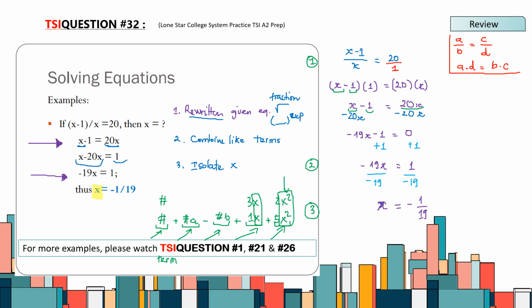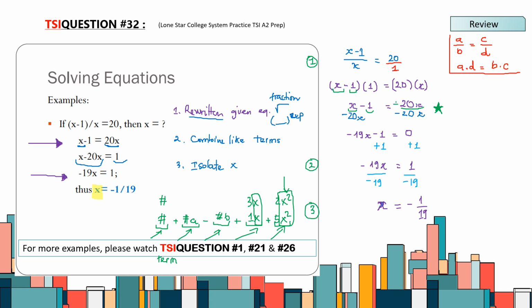So we have x and 20x. If you want to move it to another side, to get rid of it, you can do the opposite.